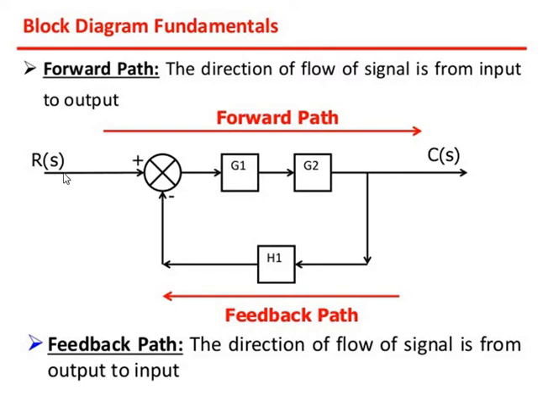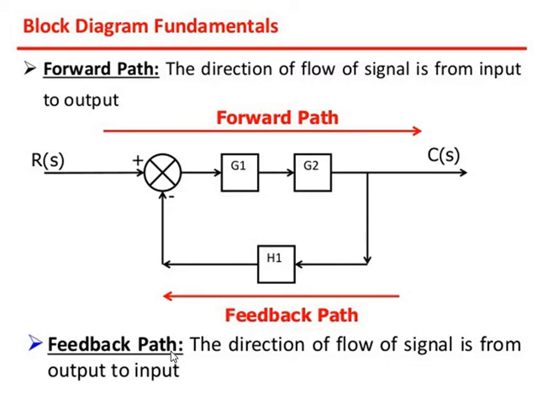So from input R(s) to G1, G1 to G2, G2 to C(s). So this path is known as the forward path. And the blocks contained in the forward path are known as forward path elements. So G1 and G2 are the forward path elements.